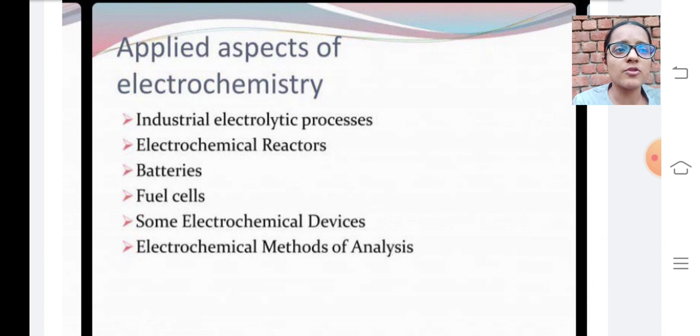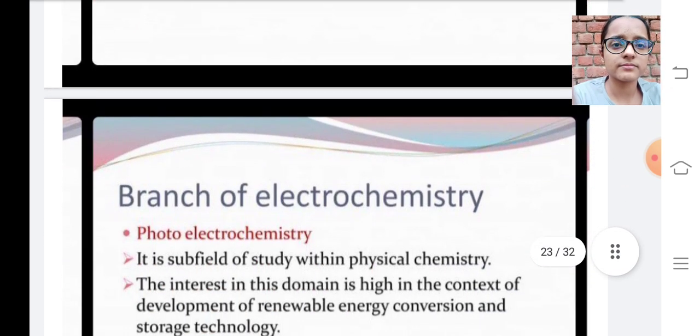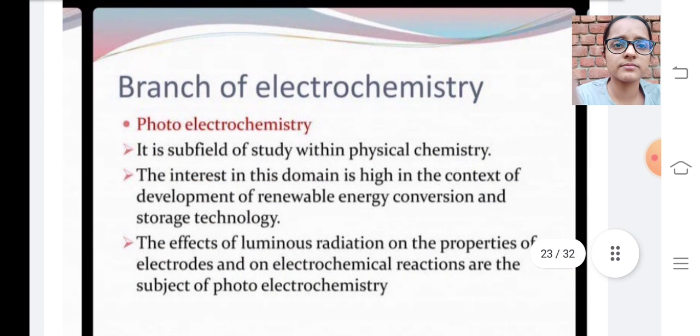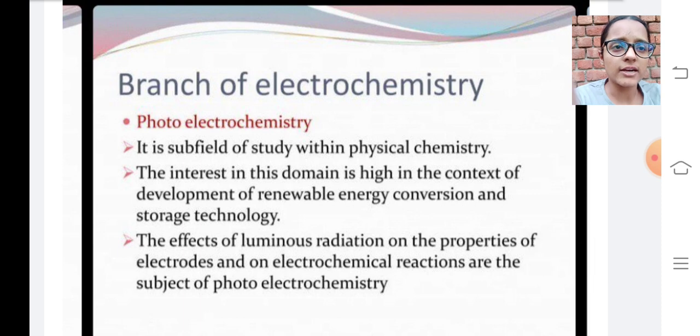Applied aspects of electrochemistry: industrial electrolytic processes, electrochemical reactors, batteries, fuel cells, some electrochemical devices, electrochemical methods of analysis. Branch of electrochemistry: photoelectrochemistry.